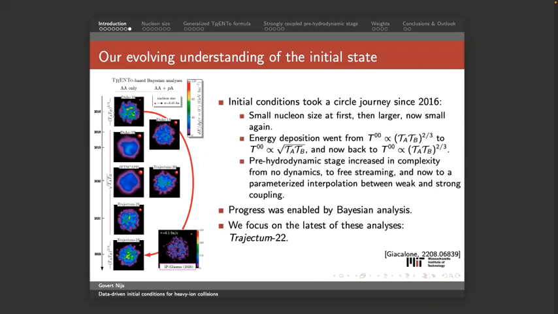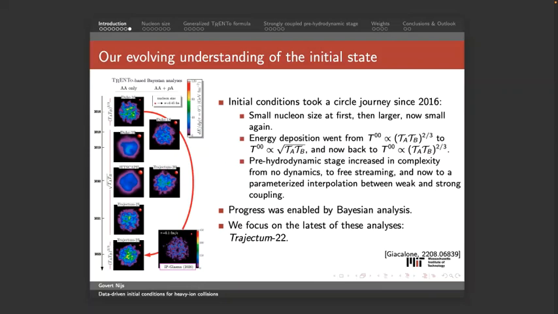I'll get back to what this exactly means. It went from TATB to the power 2/3, where the power is what you should be looking at, to square root, and now back to 2/3. And you might ask, did nothing change? Did we just, as he said, go in a circle?